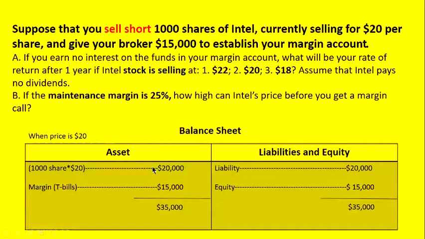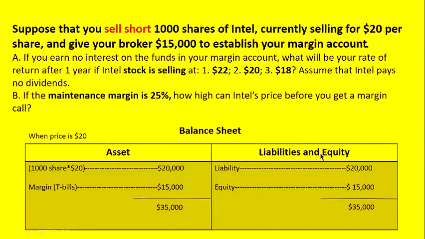This is the amount which the broker pays for you. And margin, this is the security money, $15,000 is the security money you have to pay.